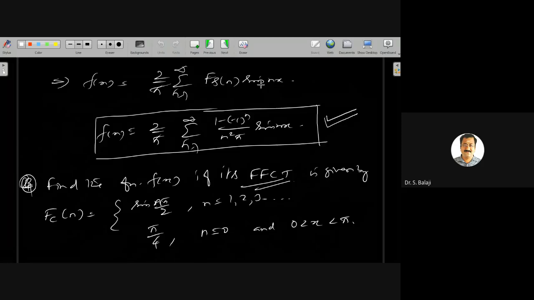Substituting Fs of n, that is 1 minus minus 1 all power n by n square pi, f of x equals 2 by pi summation of 1 minus minus 1 all power n by n square pi times sin n x. This is using the inverse finite Fourier sine transform.